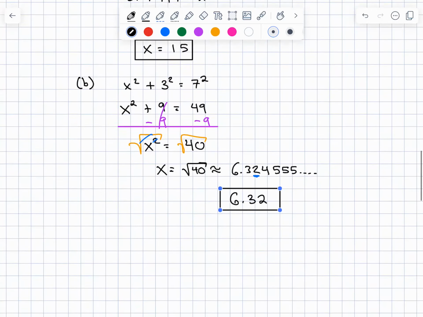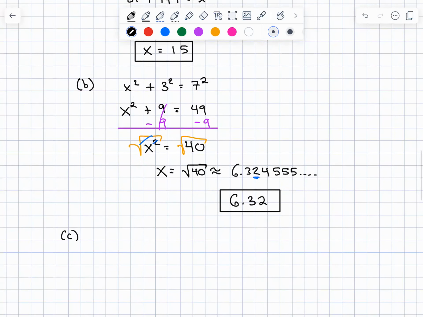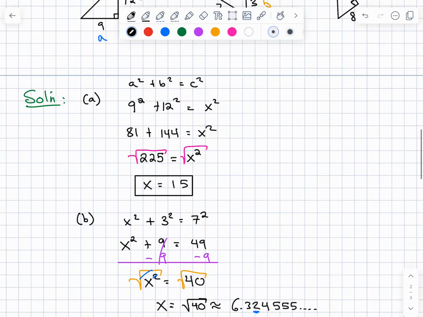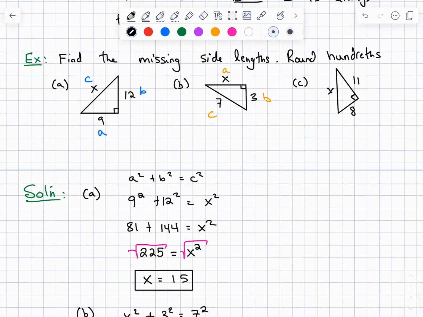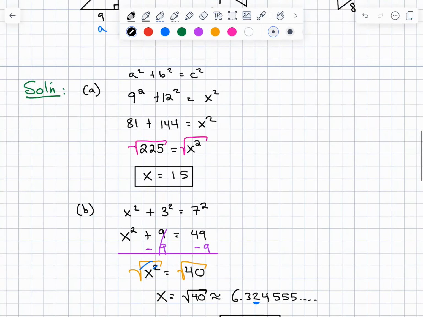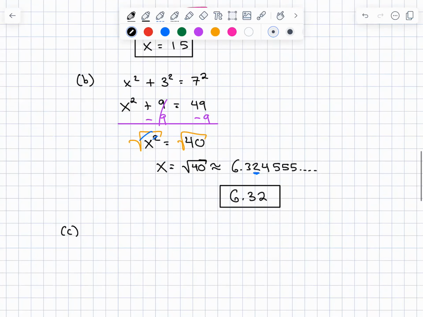Part C. So this time I'm not going to label them. I'm just going to set it up. So the legs are 8 and 11, whereas the hypotenuse is x. So this should be 11 squared plus 8 squared. Or you could do 8 squared plus 11 squared. It doesn't change anything. But the hypotenuse is always by itself, which we'll call x.